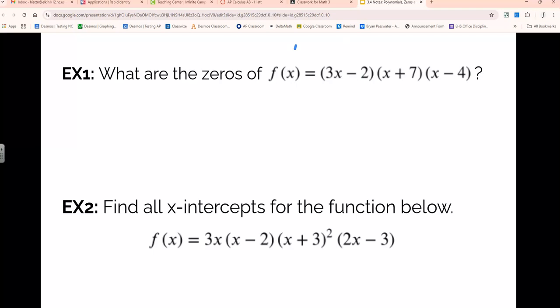So give me a number that I could plug in that would give me 0 for this function. 0 actually will not work on this one, because I don't have like an x out here that's just being multiplied. So like if I plug in 0, like for this factor, I would get negative 2.